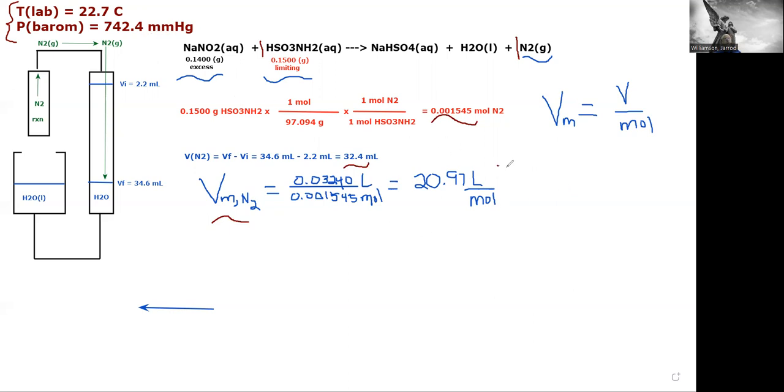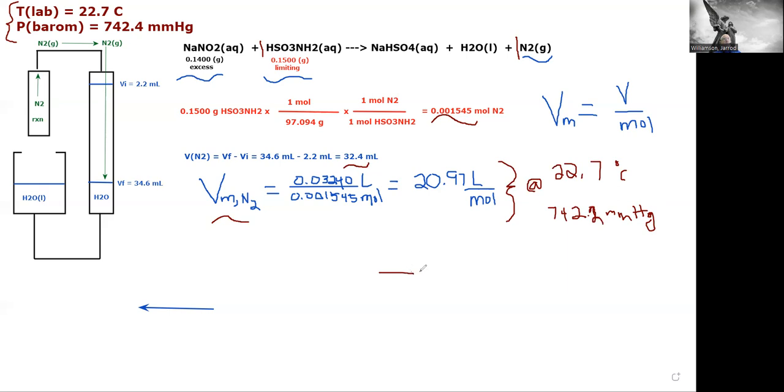Okay, if it's 20.97 at 22.7 degrees Celsius and 742.2 millimeters of mercury, okay, that's a 2.